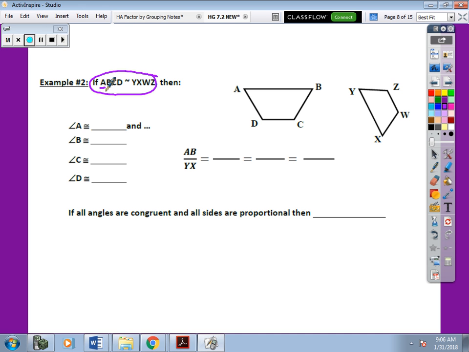Angle Y. So the picture, if you look at the picture, it's hard to tell because it's been like flipped and rotated. So you do want to focus on the similarity statement that A would have to be congruent to Y because they're in the same location in the corresponding parts when we're doing our similarity statement. So B would be congruent to X, C congruent to W, and D to Z.